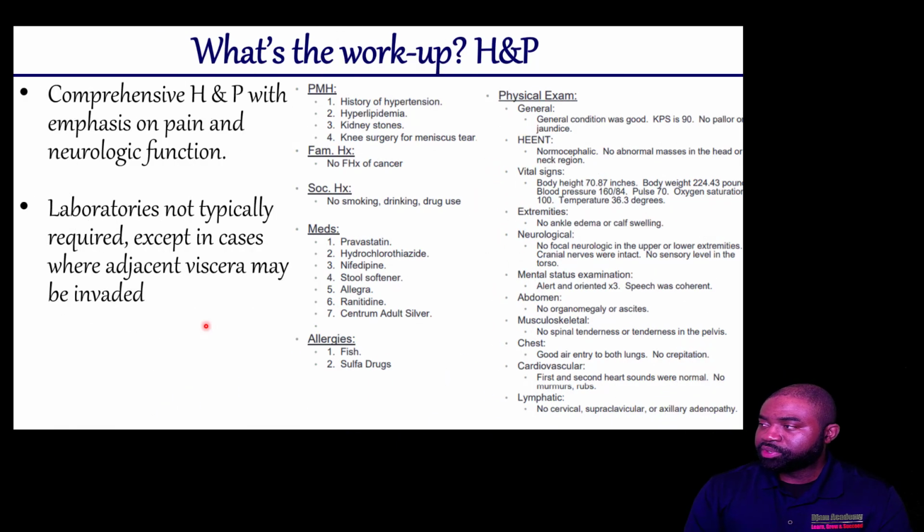Now, what's the typical workup for a spine patient? One thing that you need to note is that in general, labs are typically not required except in cases where the adjacent viscera are invaded. But a comprehensive history and physical examination is typically completed, with emphasis on pain as well as neurologic function.